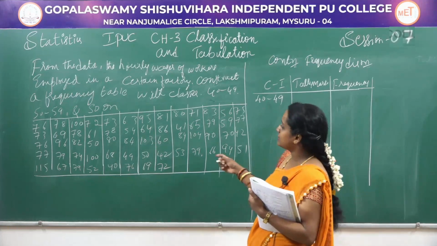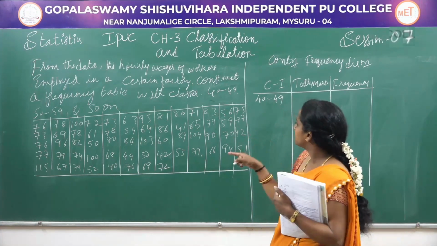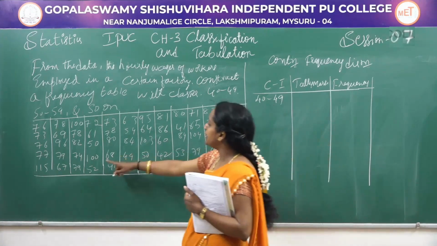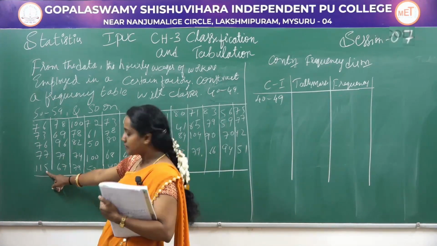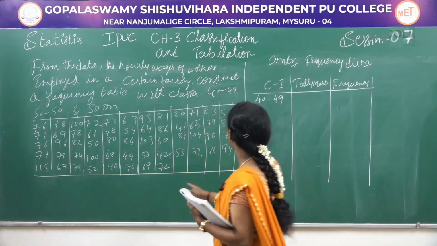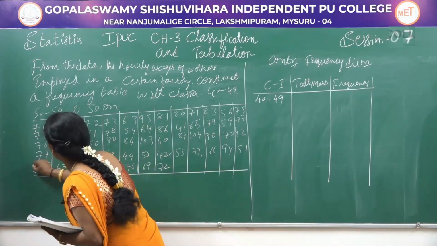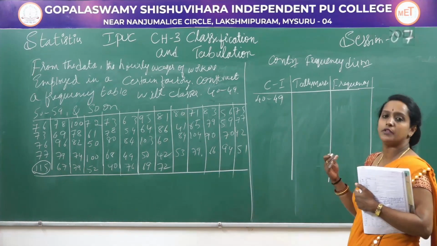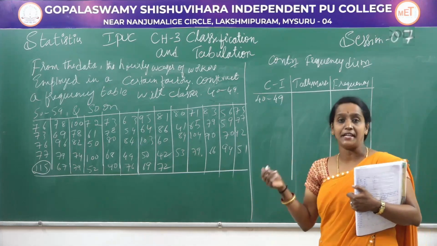The highest value in the given data is 115, so we can end with the class interval 119.